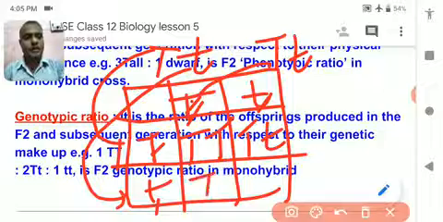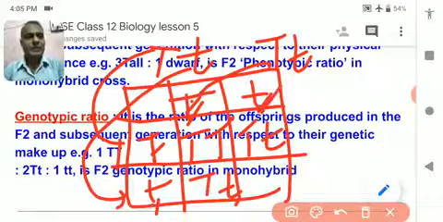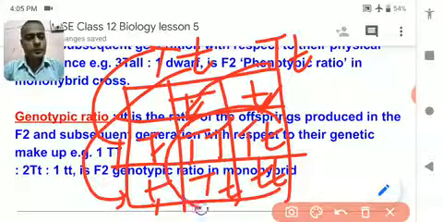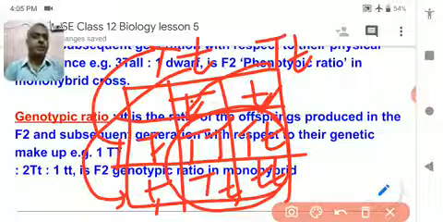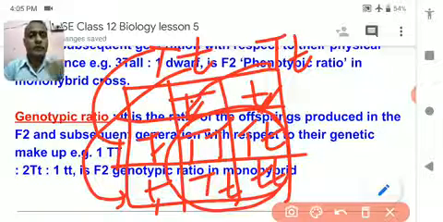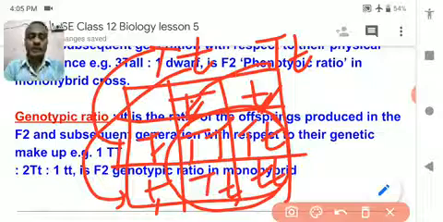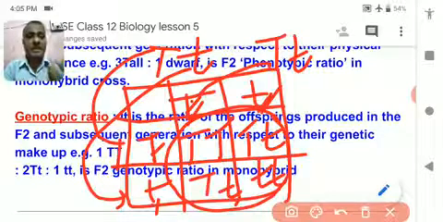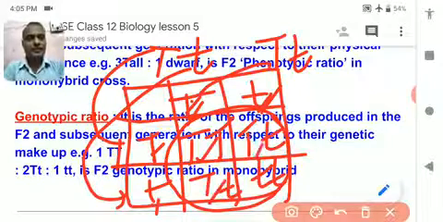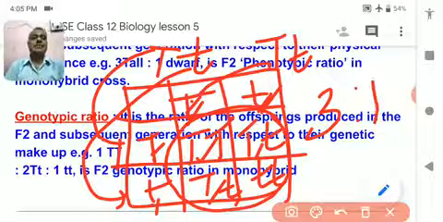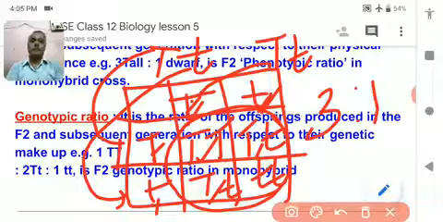Capital will always be first, remember. Of the four offspring, if any contains capital T, they will be tall. How many are tall in physical appearance? 1, 2 and 3. So 3 are tall and 1 is short. This is on the basis of physical appearance, called the phenotype ratio.